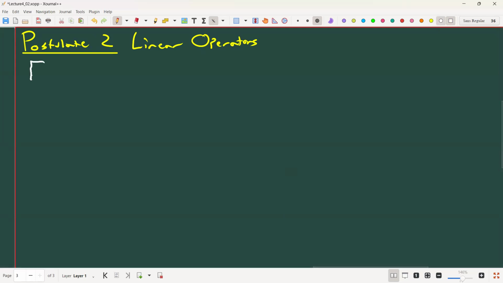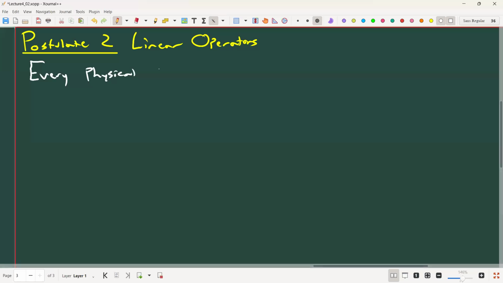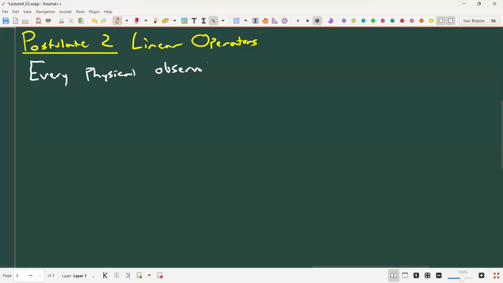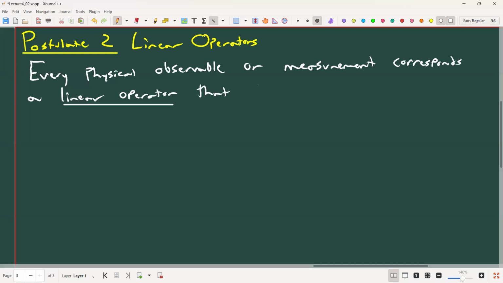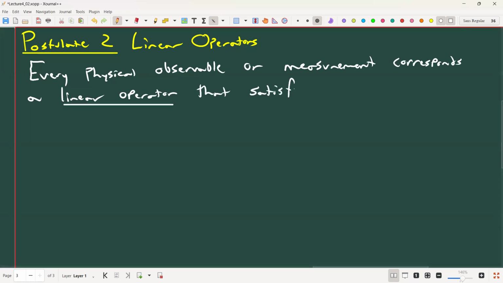So for every measurement, every physical observable, or measurement corresponds to a linear operator that satisfies the following properties.